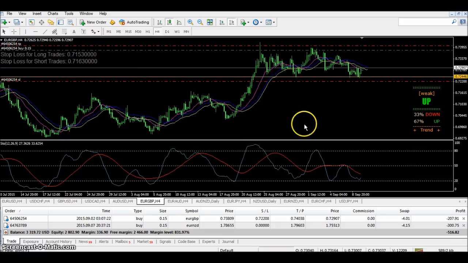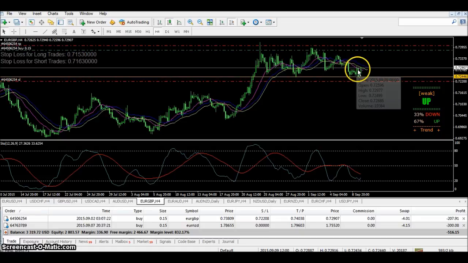The overall on this, like the Euro Great British Pound, I've got a buy out on that. I'm waiting on it because it's kind of leveled out at this price level right here. It keeps going down to it or close to it, and then it'll go back up.